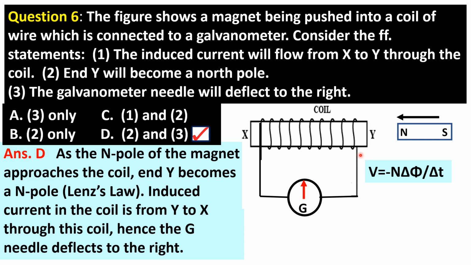As an electromagnet, the coil has its own polarity. The Y becomes north and the X becomes south. So, with that description of the magnetic field inside the coil, we can determine the direction of the induced current.